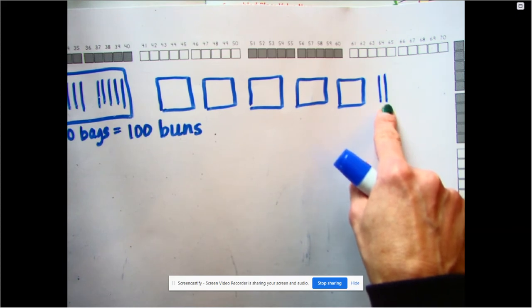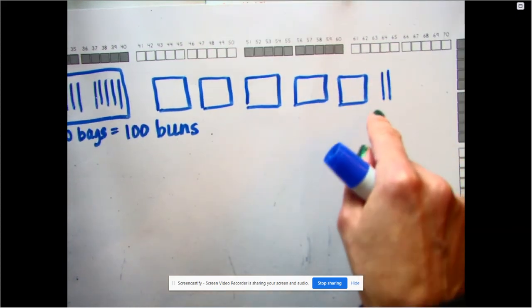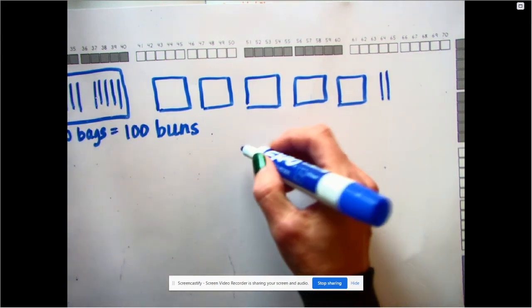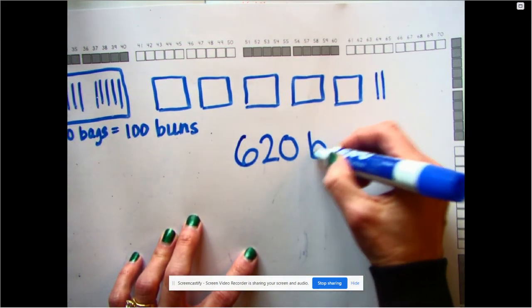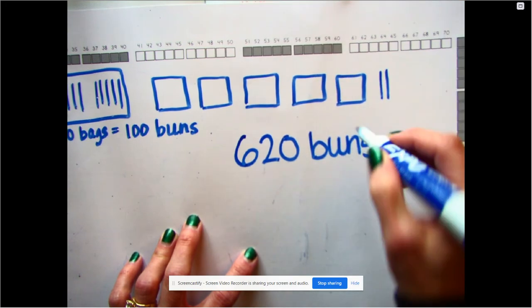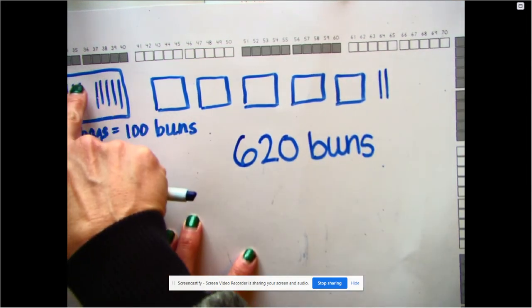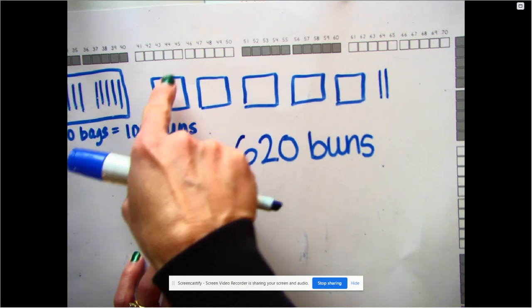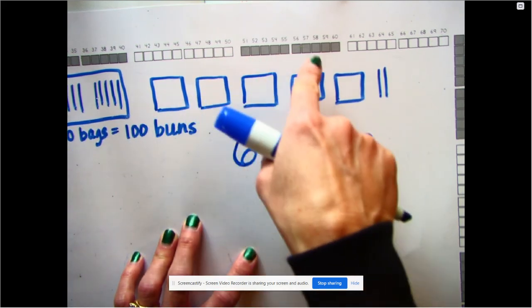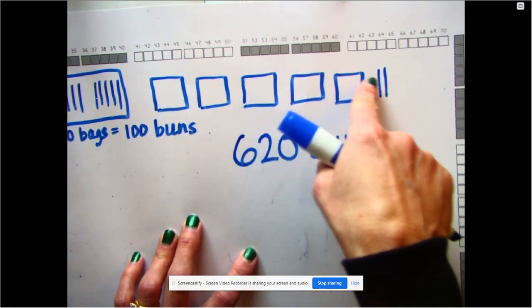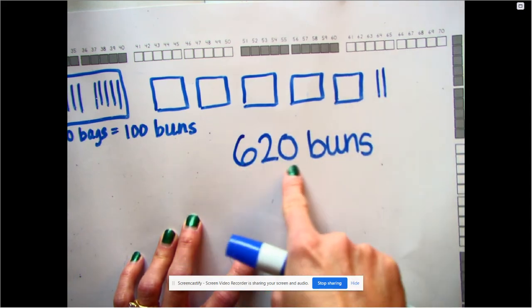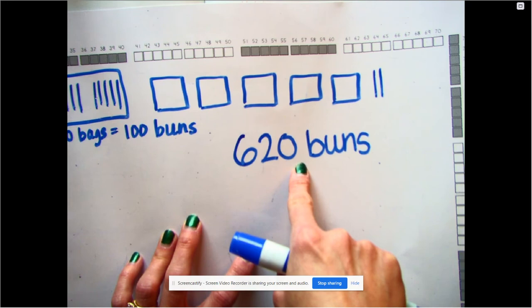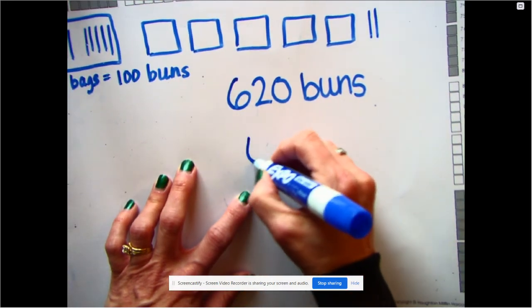So 620 buns altogether. 620 buns, right? Here's 10 bags, 20 bags, 30 bags, 40 bags, 50 bags, 60 bags, 62 bags. But I have 620 buns.